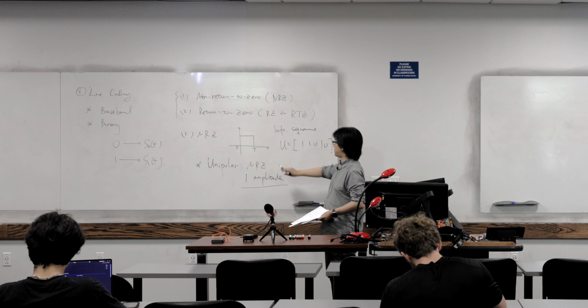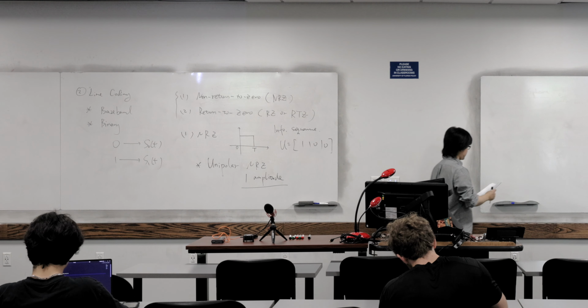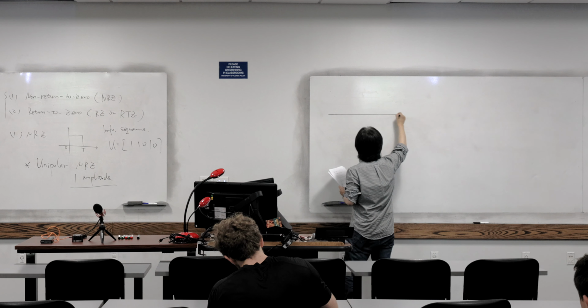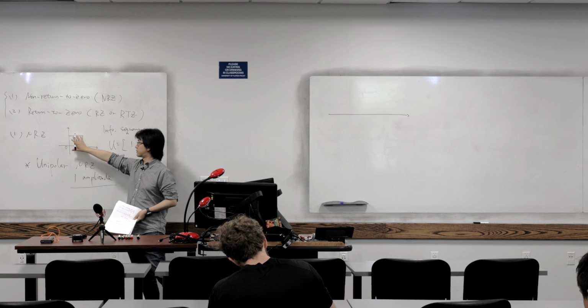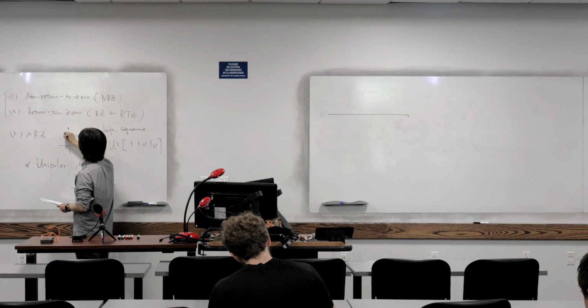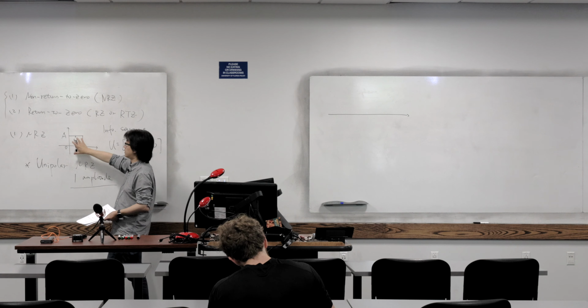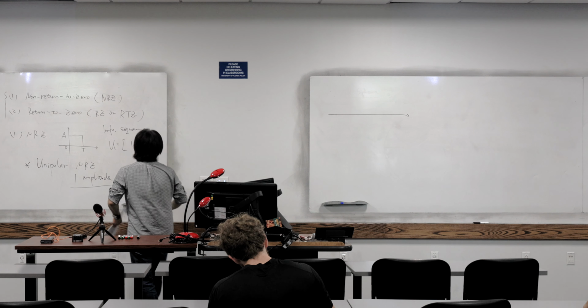Let's see what we mean by unipolar NRZ code. Let's assume if it's a 1, then we transmit this waveform. Let's say the magnitude is A. So this is what we transmit for 1, and if it's 0, then we transmit nothing. That's why it's called unipolar.